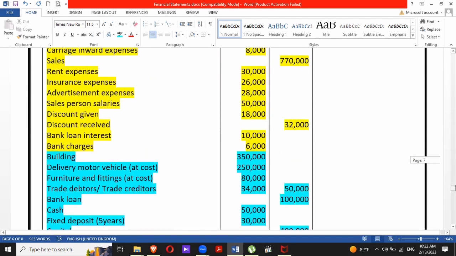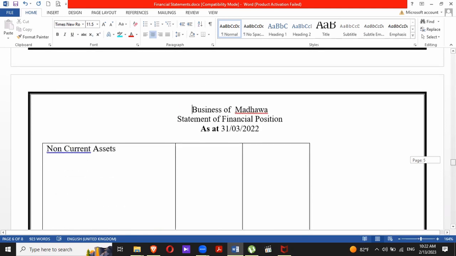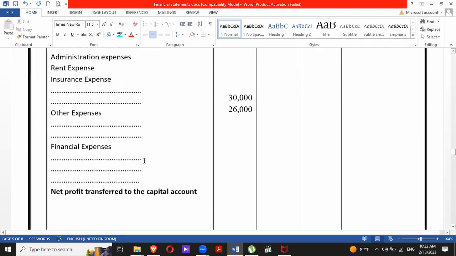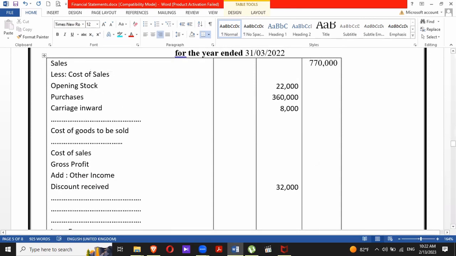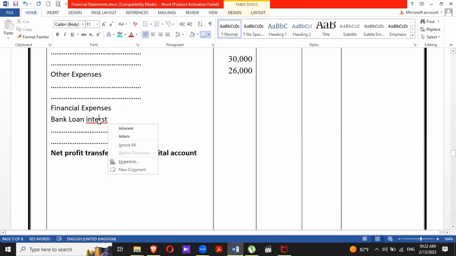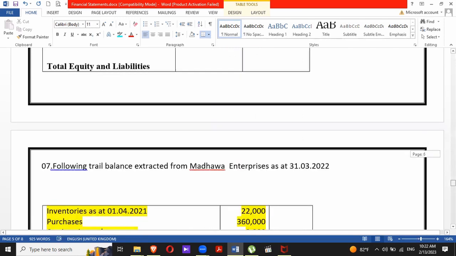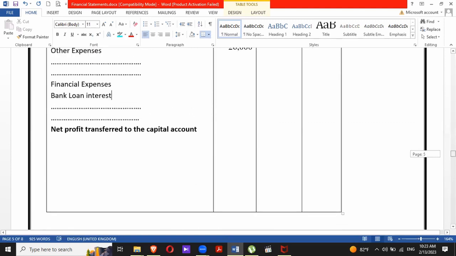That is bank loan interest. Bank loan interest comes under financial expenses. That is 10,000. Bank loan interest amount is given as rupees 10,000 and bank charges 6,000 also.